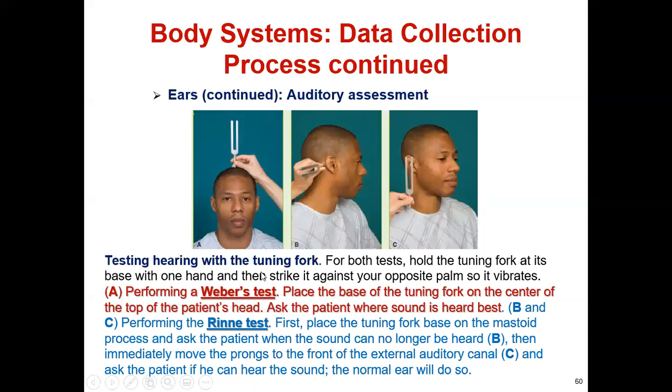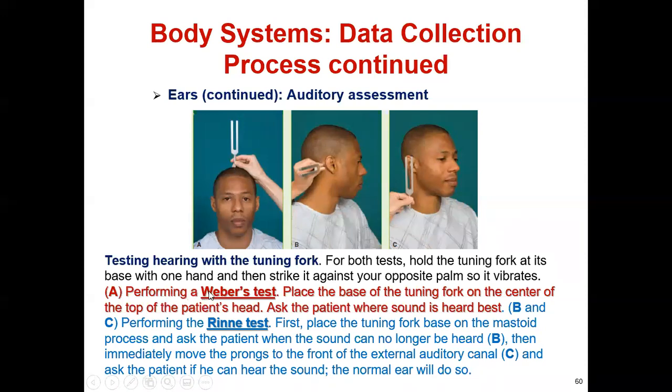Testing hearing with a tuning fork. For both tests, hold the tuning fork by its base with one hand and then strike it against your opposite palm so it vibrates. After it vibrates, the base is placed on the vertex.